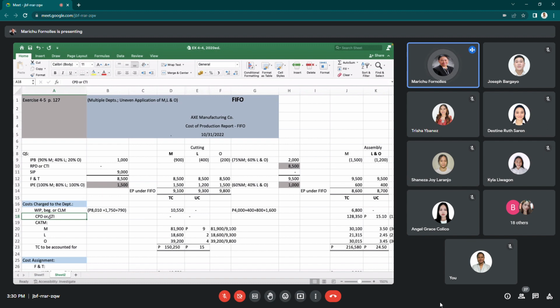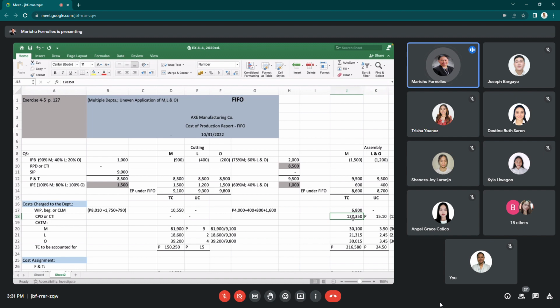So the CPD or CTI does not apply to cutting because cutting has no PD. It has no previous department. But we provided the caption CPD or cost transferred in for the next department, which is the assembly department.